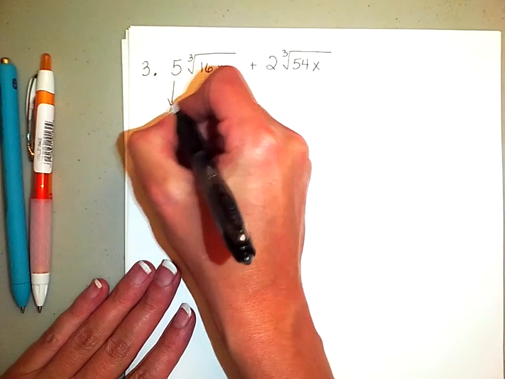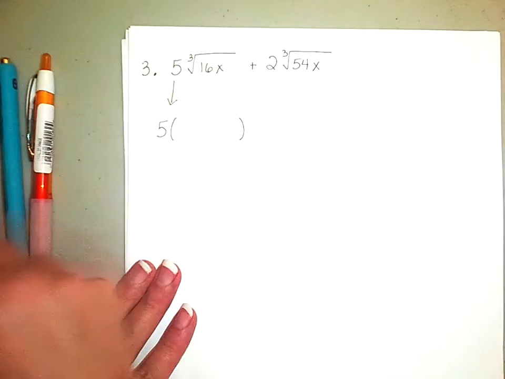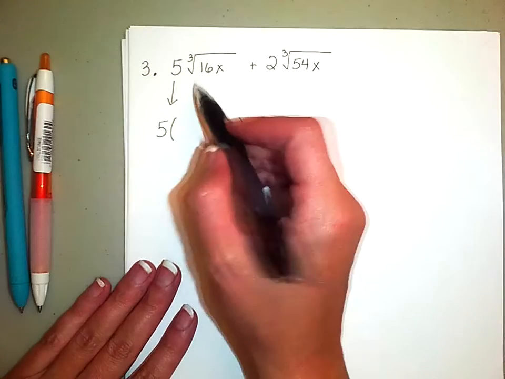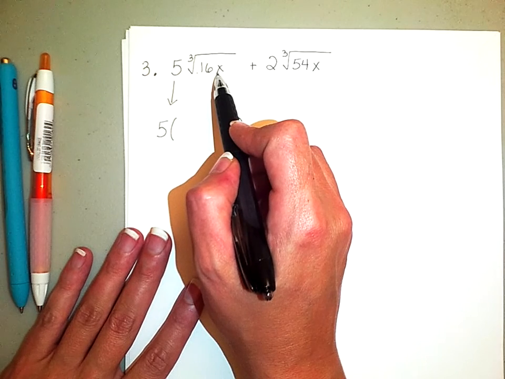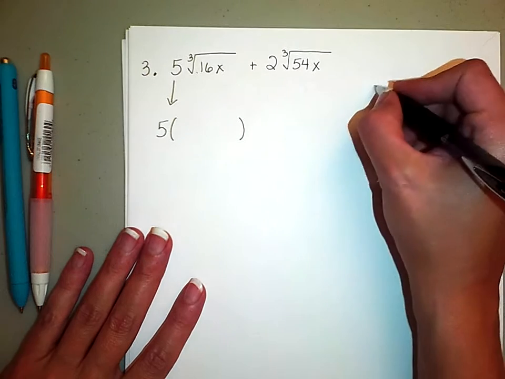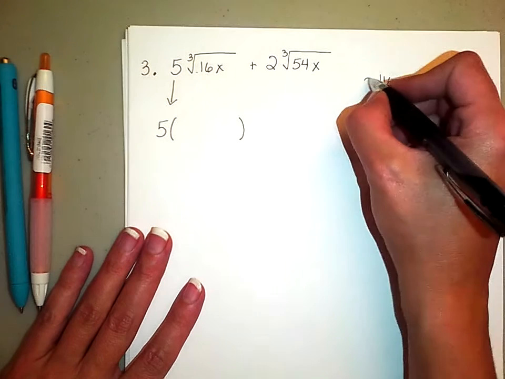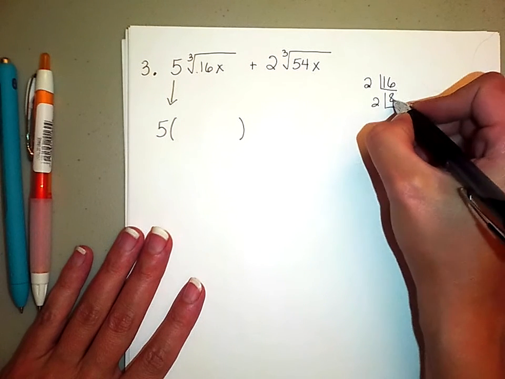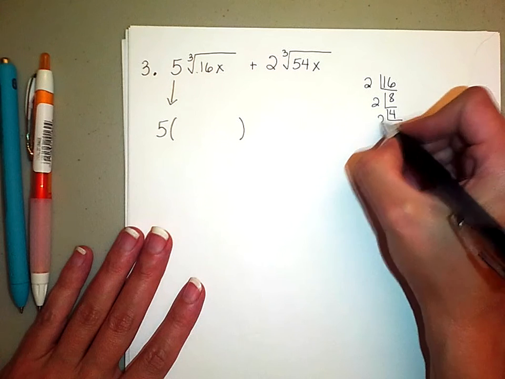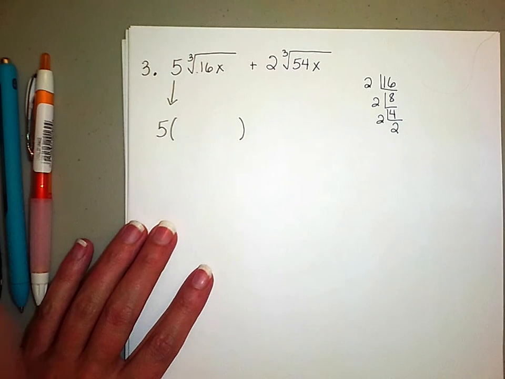We will keep the 5, that's a multiplier. And now I want to simplify the cube root of 16x. Well, in 16, let's find the prime factorization. 2 goes into 16 8 times, 2 goes into 8 4 times, and 2 goes into 4 2 times.